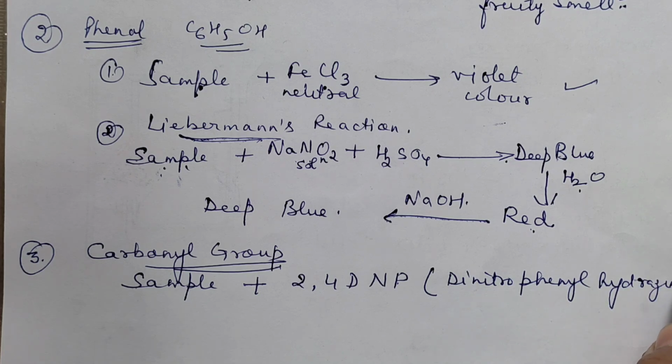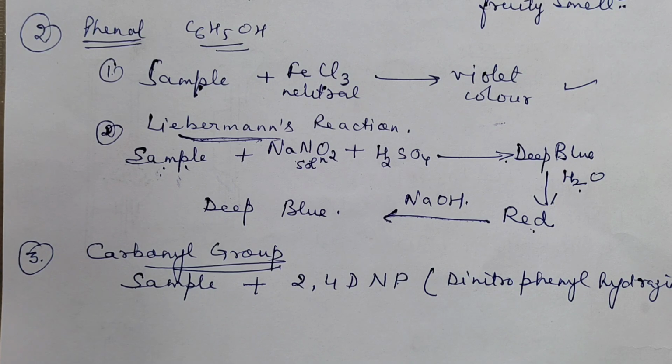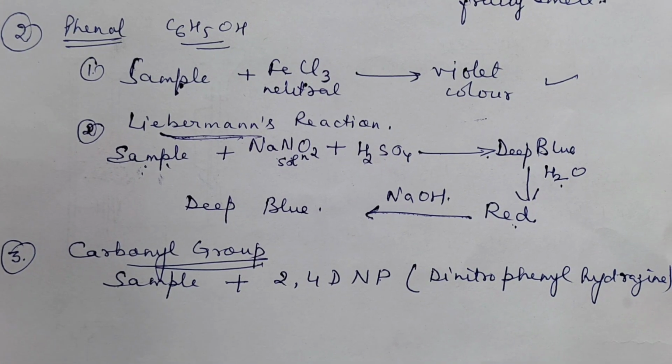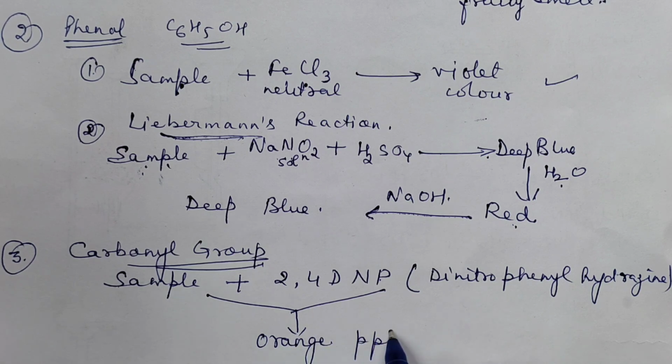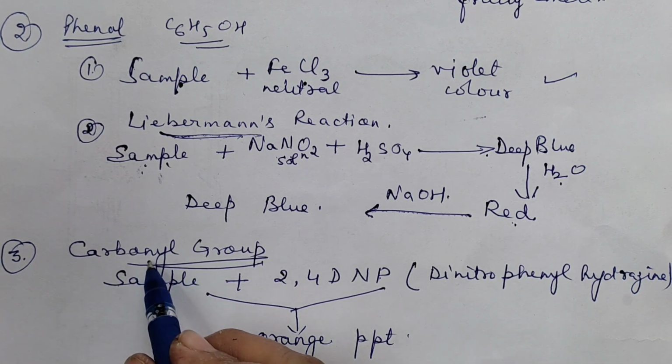Normally children make a mistake. They say 2,4-dinitrophenol. It's phenylhydrazine. Okay, so this you are adding to the sample. On adding 2,4-DNP, you will get orange PPT. Now the presence of the orange PPT indicates carbonyl group is there.